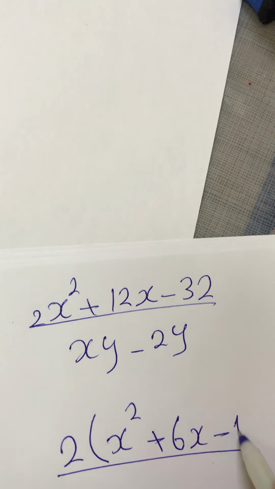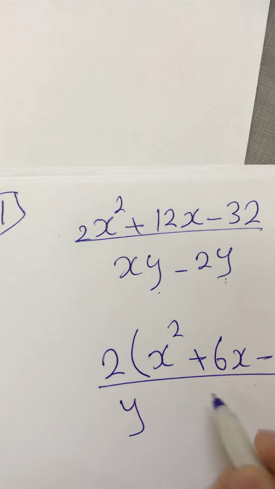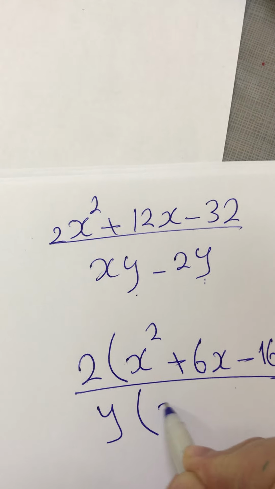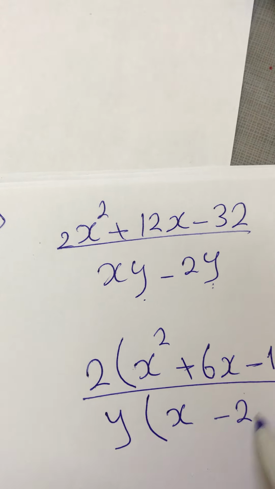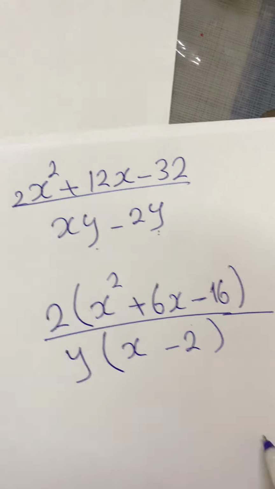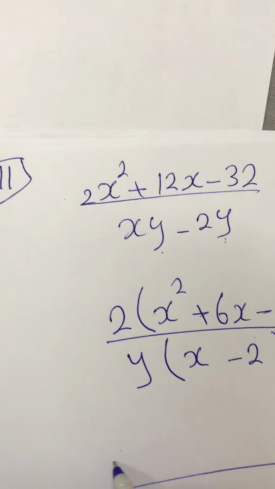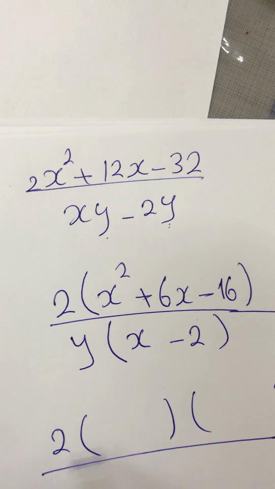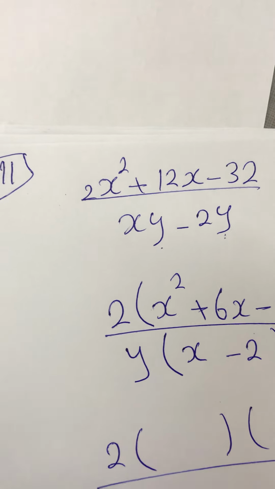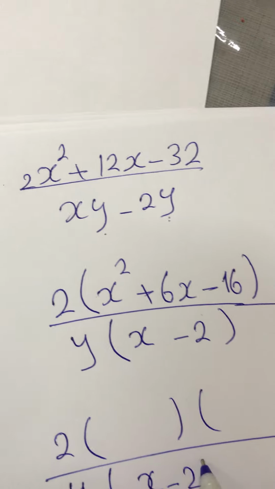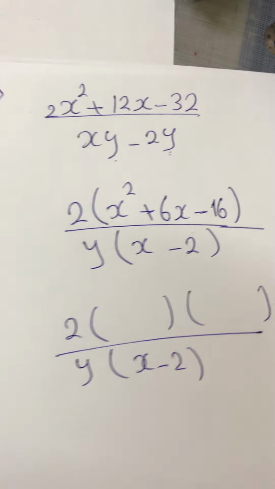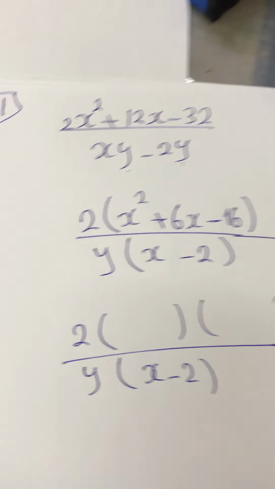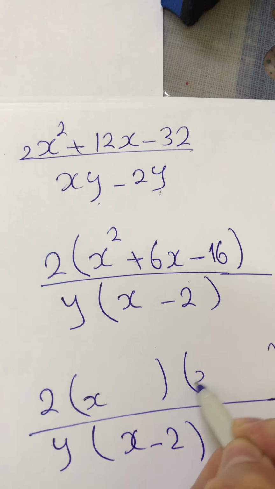And down, between these two terms, we have a common factor, which is y. So open brackets, it will be x minus 2. Now, there is nothing to cancel up and down. I'll keep them. But these three terms will change, factorize into two brackets. And down y, x minus 2, like this. What I have to do up, I factorize it. X squared comes from x times x.